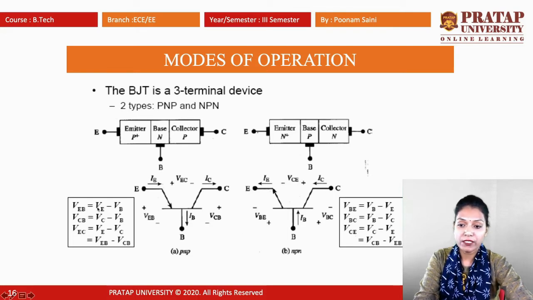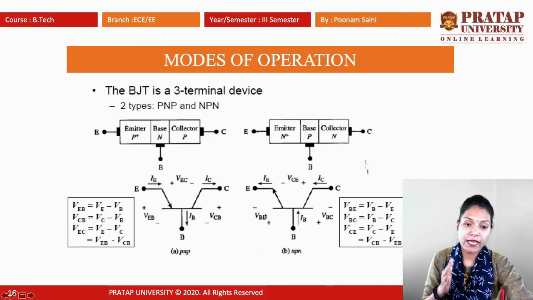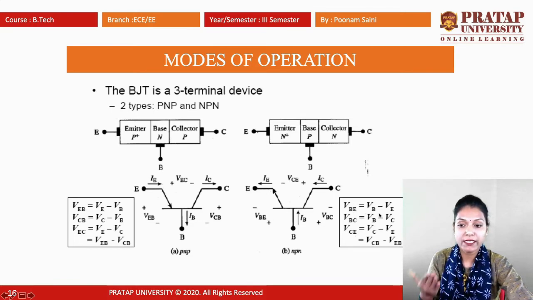In a PNP transistor, VEB is the voltage at emitter minus the voltage at base. Similarly, VCB is the voltage at collector minus the voltage at base, and VEC is the voltage at emitter minus the voltage at collector. In an NPN transistor, VBE is the voltage at base minus the voltage at emitter.